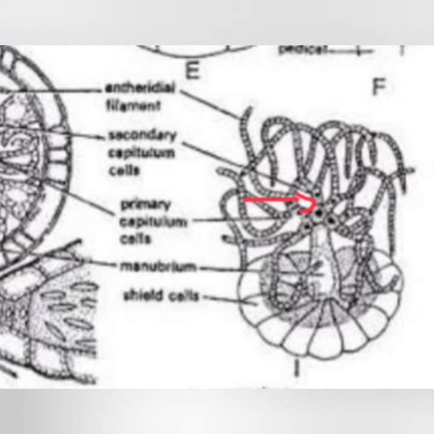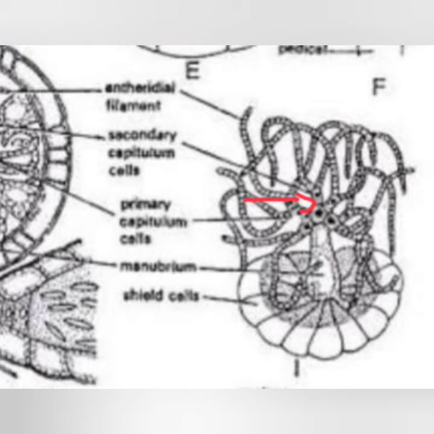Sometimes these secondary capitulum cells may also divide again to form tertiary capitulum cells, but in this case we have only the primary and the secondary capitulum cells.